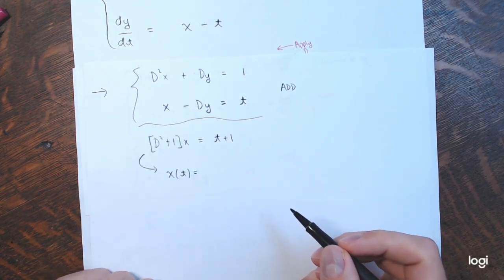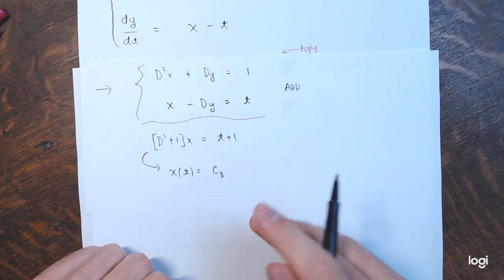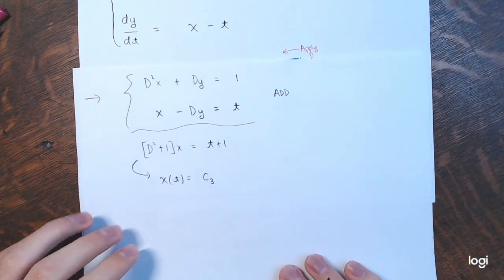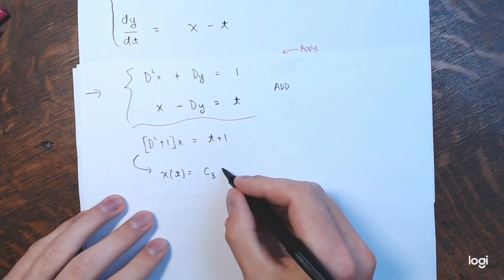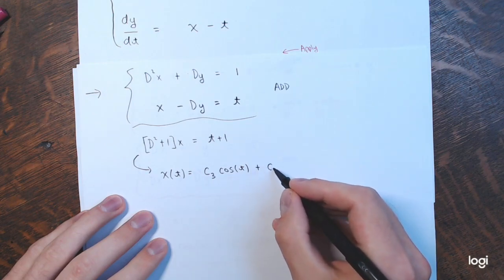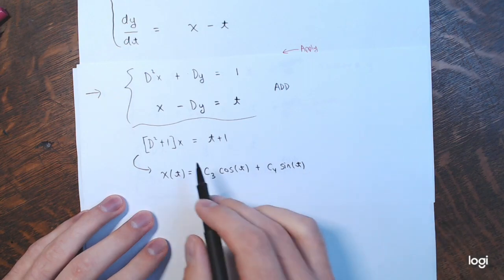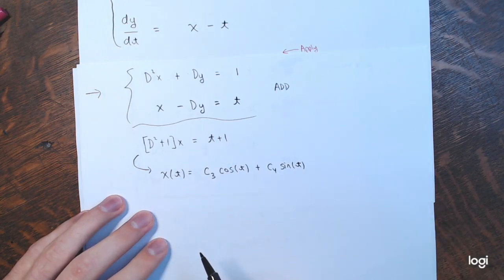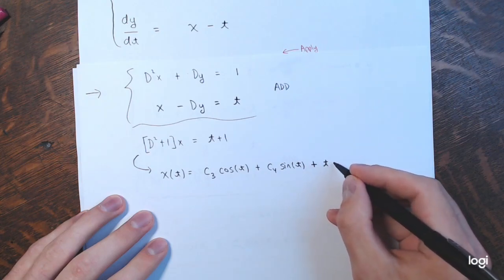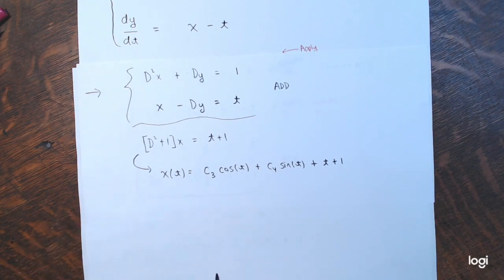Again, these are different constants, say c3 and c4, because I already had c1 and c2 in my solution for y: c3 times the cosine of t plus c4 times the sine of t. And again, I promise you that the particular solution in question here would be t plus 1.